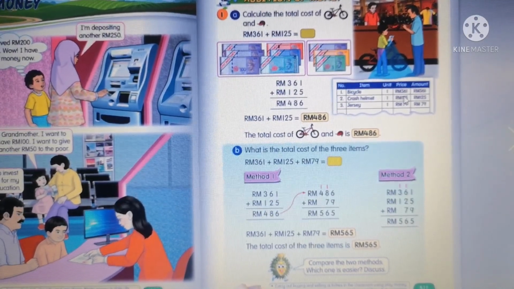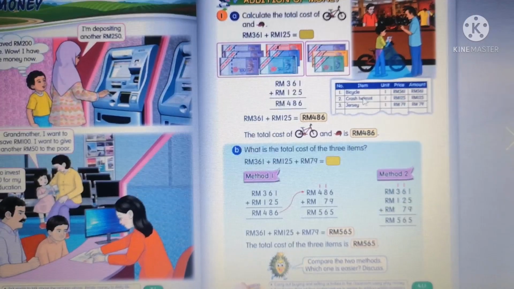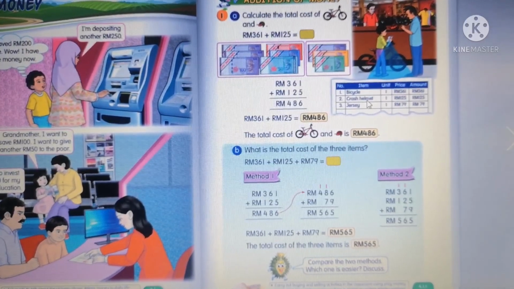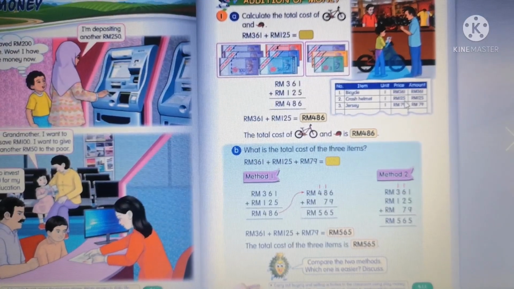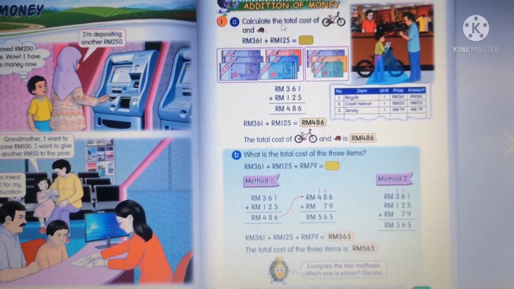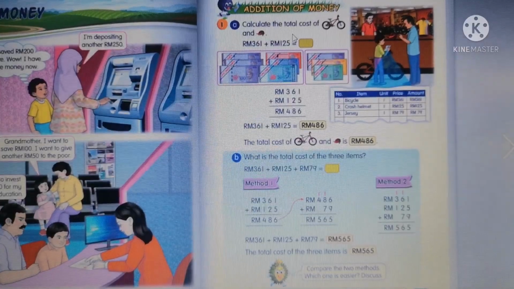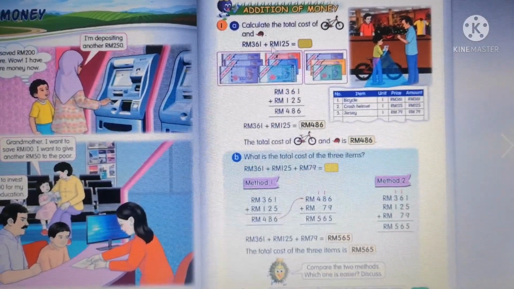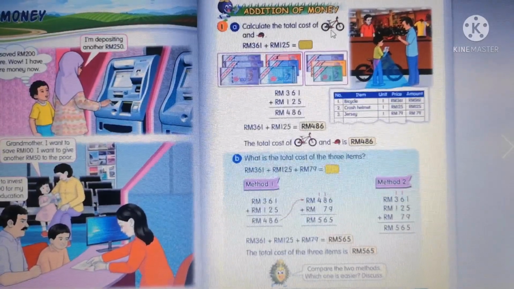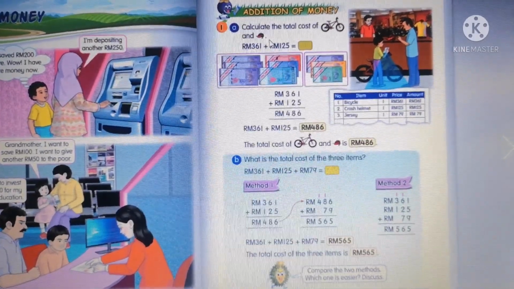Bicycle will be RM361. This one is called the crash helmet, RM125. So they want you to calculate the total cost of these two. They didn't add the jersey yet. They just asked you to calculate the total cost of the bicycle with this crash helmet.